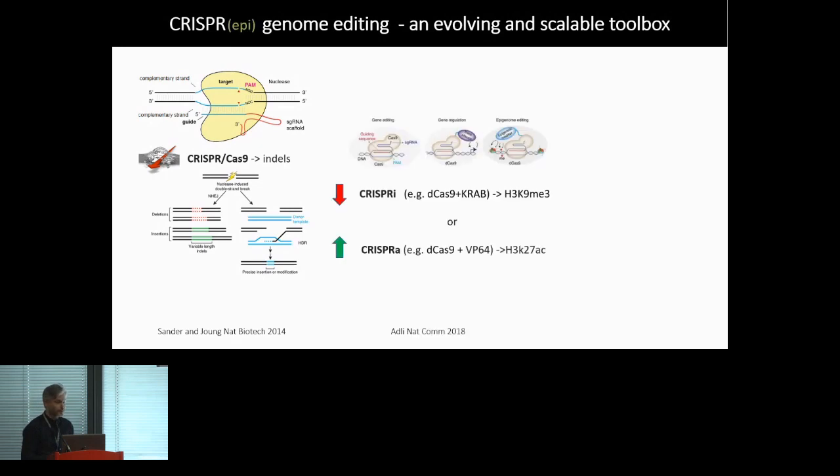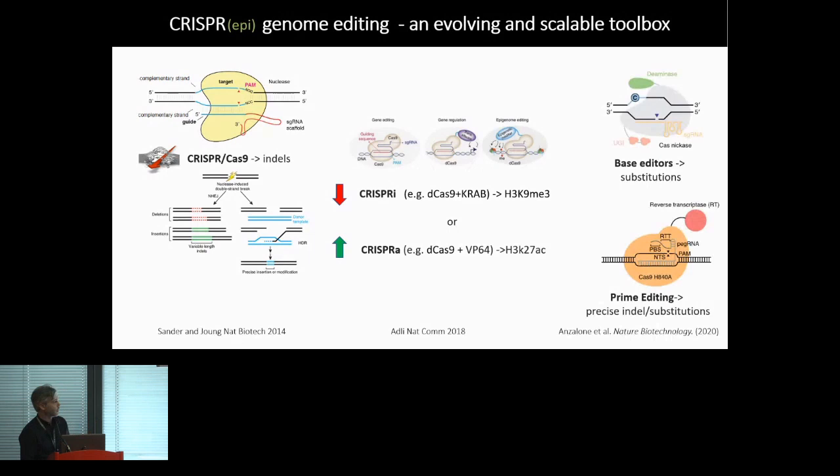And over the years, people have evolved this system, and now we have CRISPR-i and CRISPR-a that you can use to epigenetically modify the genome to repress or activate regions of around 200 bp to 1 kb.